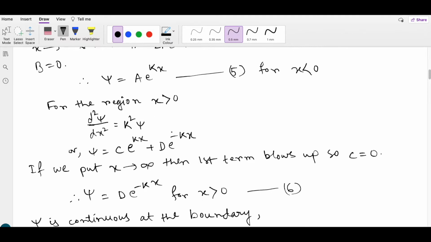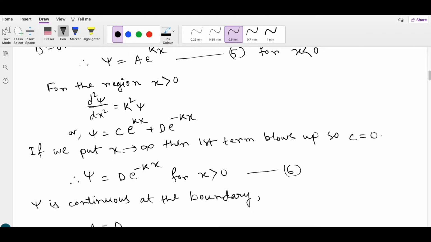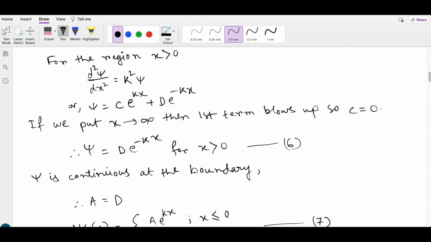For the region x greater than 0, the equation will be similar, but in this case we will put x equals infinity, because for x greater than 0 the range of x is 0 to infinity. So for x tends to infinity, the first term, the term with the constant C, blows up, so we put C = 0 and our solution becomes ψ = D e^(-kx).